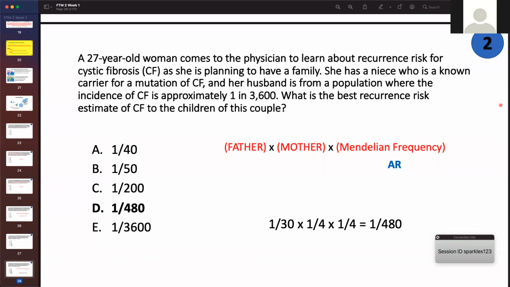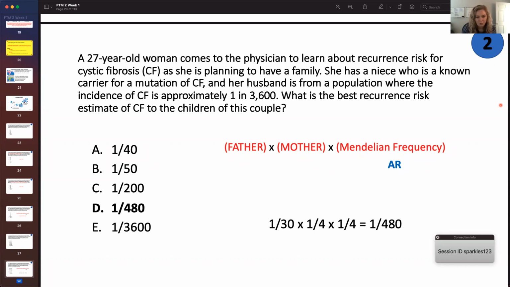And here on the slide for the mother, it says 1/4. Yeah, it is, and that's because we were just going over this before this started because this question was tripping me up. It says that the niece is a carrier for the mutation.